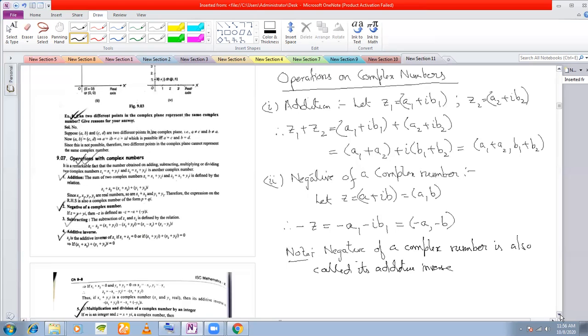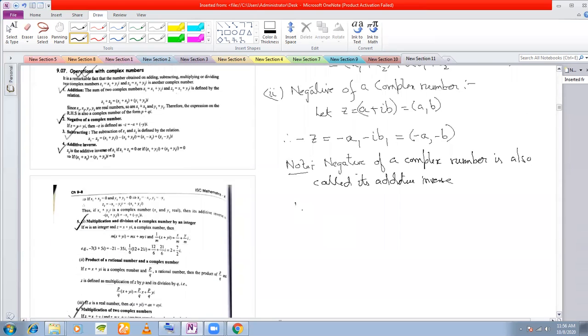So suppose I say, what is the additive inverse of 2 minus 3i? The additive inverse of this is when you change the sign of the real as well as the imaginary part. So the real part becomes from plus 2 to minus 2, and the imaginary part from minus 3 becomes plus 3i.